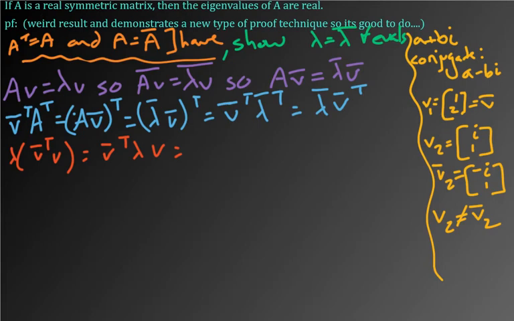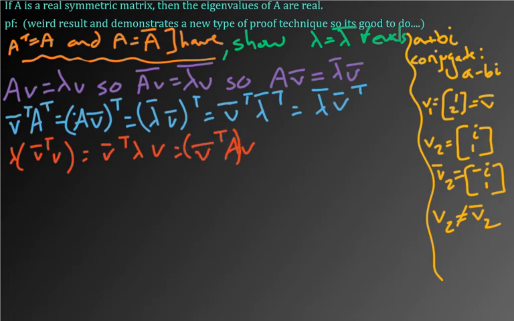I want to do one more thing: lambda V is equal to AV. So now I have V conjugate transpose AV, and I'm doing that because I want to group these two.